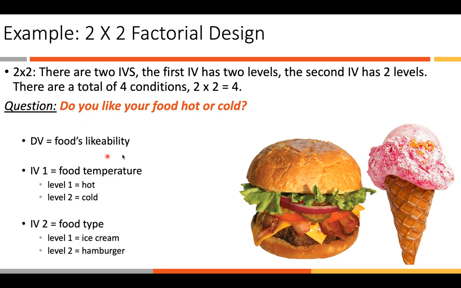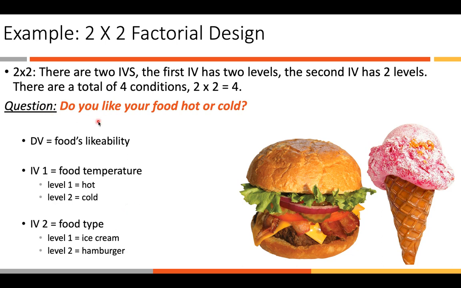So if our outcome, our dependent variable, is food likability, and our independent variable was food temperature, hot versus cold, we have kind of a nonsensical experiment that's not going to tell us anything valuable, right? Food temperature in and of itself is not the only indicator of food likability. What we really need is the addition of a second independent variable, food type, which will help us reveal the combined and then true effect of food temperature.